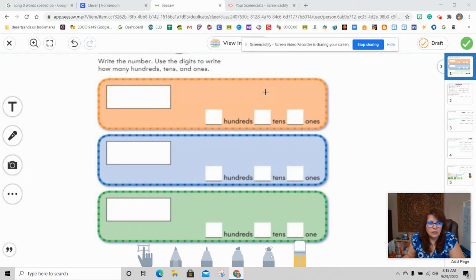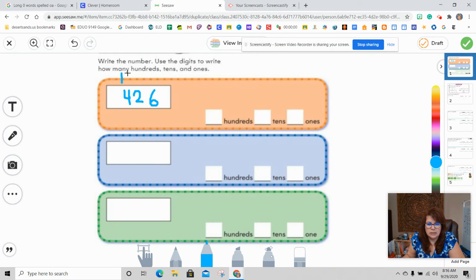Now, on our first problem, we have Even had 426 marbles. So we're going to write the number 426 on the top. And now we write HTO.